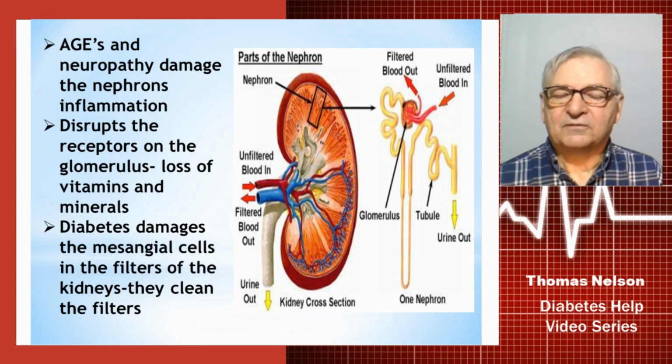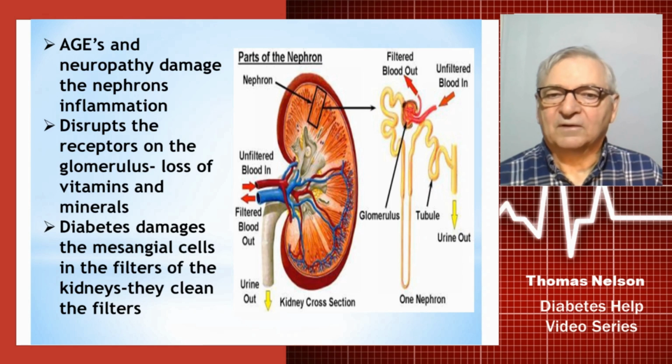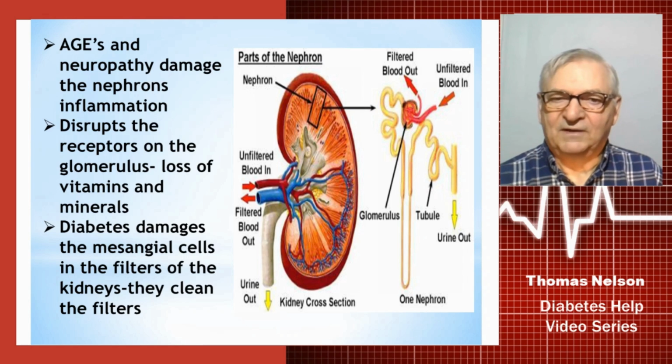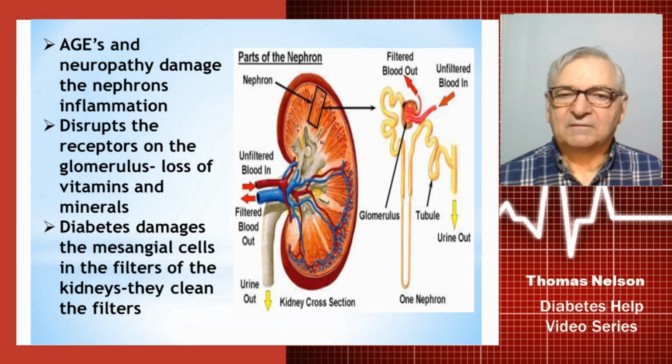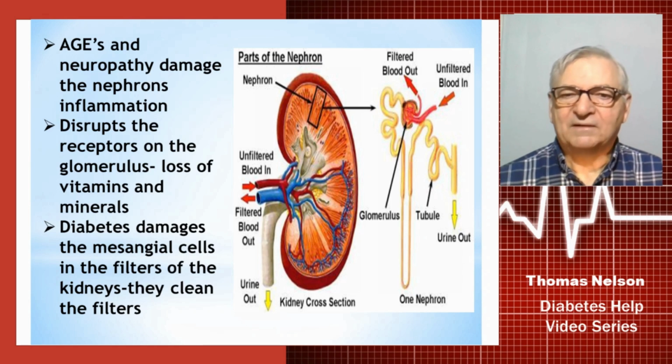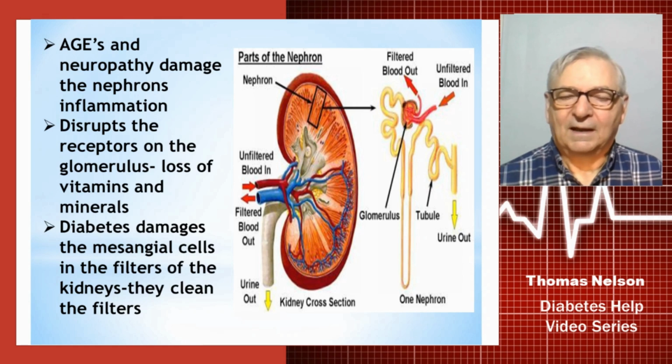And those transporters and receptors start to malfunction in the kidneys whenever your blood sugar is elevated, and it'll stay that way for as long as your blood sugar is elevated. And so consequently, your kidneys will malfunction, and they'll dump massive amounts of vitamins and minerals and fluid into your urine. And that's why when your blood sugars are high, you urinate so very frequently.